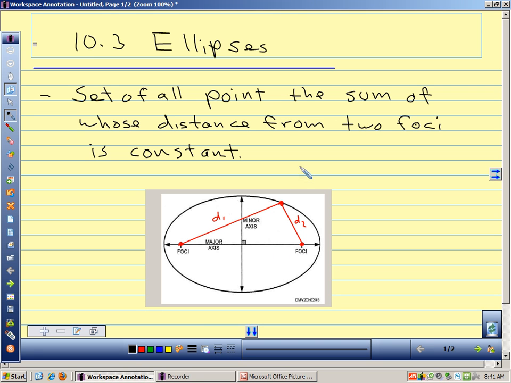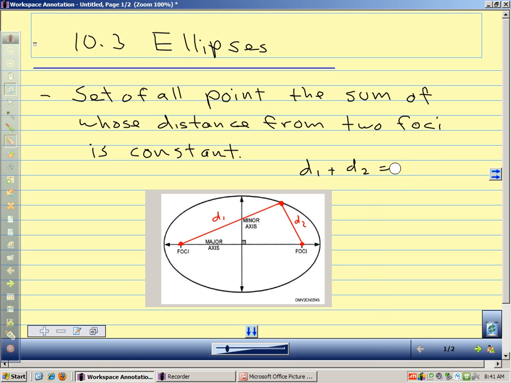What the definition tells us is that D1 plus D2 is constant. So no matter where I am on the ellipse, if I add these two distances, I get a constant.